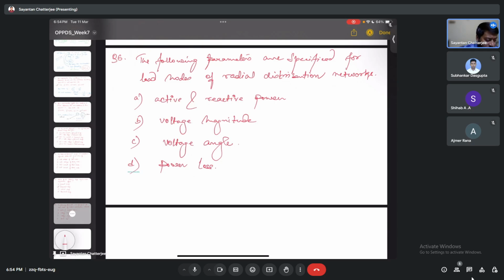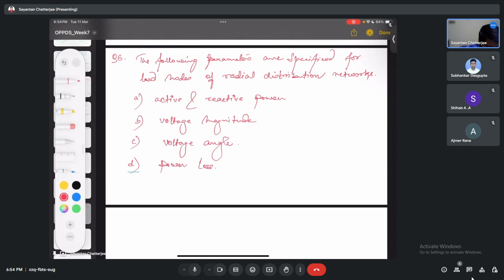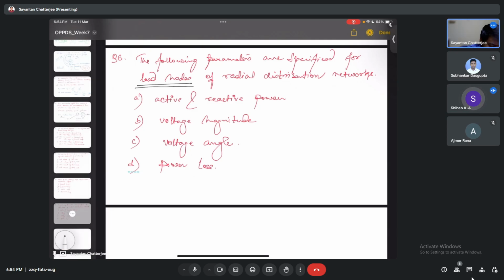The following parameters are specified for load nodes of radial distribution networks: active and reactive power, voltage magnitudes, voltage angle, and power loss. Which one of the following parameters? Is this multiple answer or single answer? Single, single.